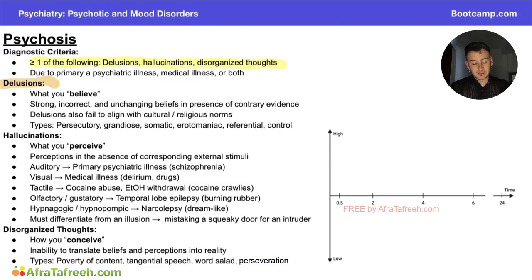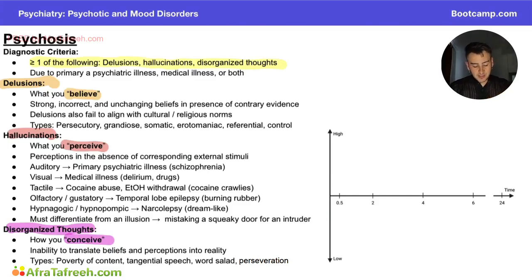We're going to have delusions, and delusions is all about what you believe. We'll talk a little bit more about that in a second. Then we're going to have hallucinations, and hallucinations is all about what you perceive. The last thing on our list is going to be disorganized thoughts, which is all about how patients conceive their thoughts and actions. So if you can keep those things straight, believe, perceive, conceive, that's a great way to have a handle on which patients are psychotic and which ones are not.